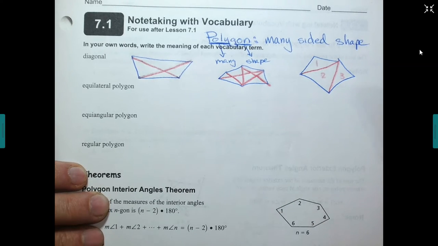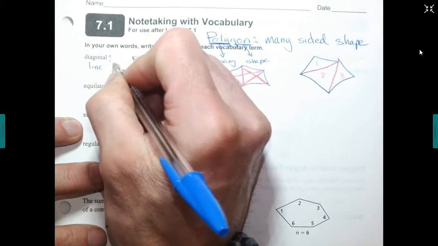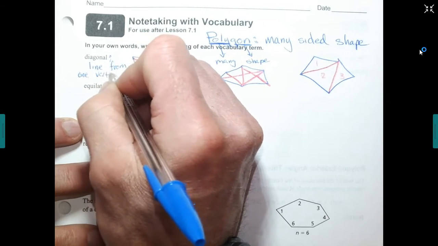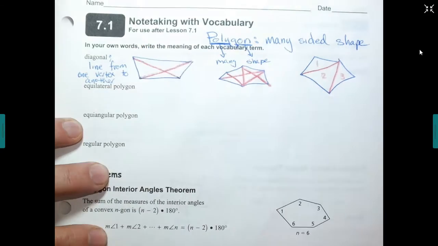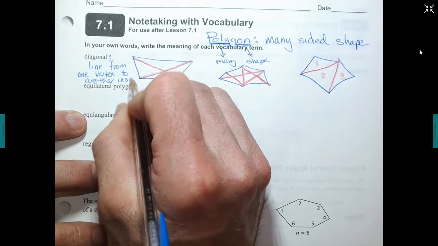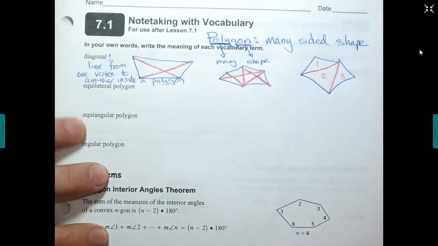It's just a line from one vertex to another inside a polygon.